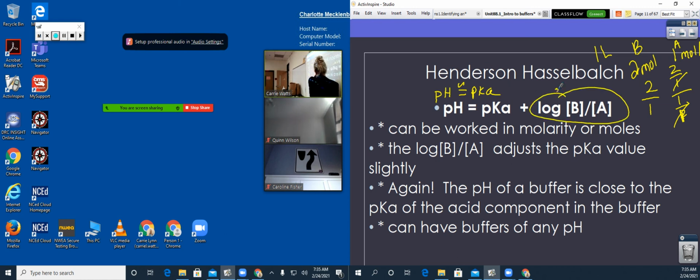I found that it adjusts it maybe by about 0.2. That seems to be what the adjustment is. So again, you can work in molarity or moles, but B and A both have to be in the same units. And again, the pH of the buffer is close to the pKa, which means you can have buffers of any pH.